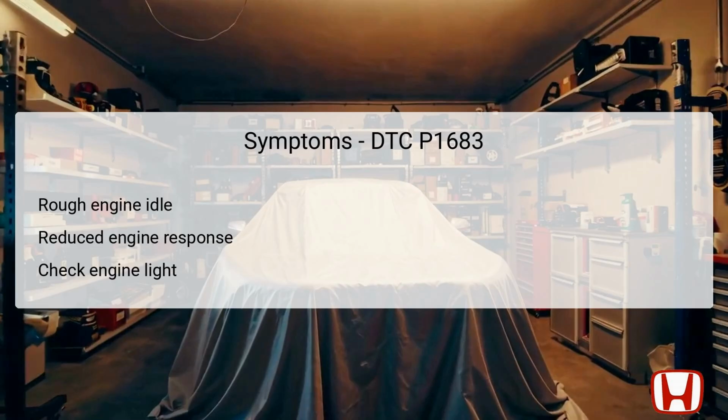This malfunction can also lead to reduced engine response, causing delays in acceleration when the driver presses the gas pedal. Additionally, the driver may observe the check engine light illuminated on the dashboard, alerting them to potential issues within the engine management system. Each of these symptoms serves as critical indicators that warrant further inspection and diagnosis.